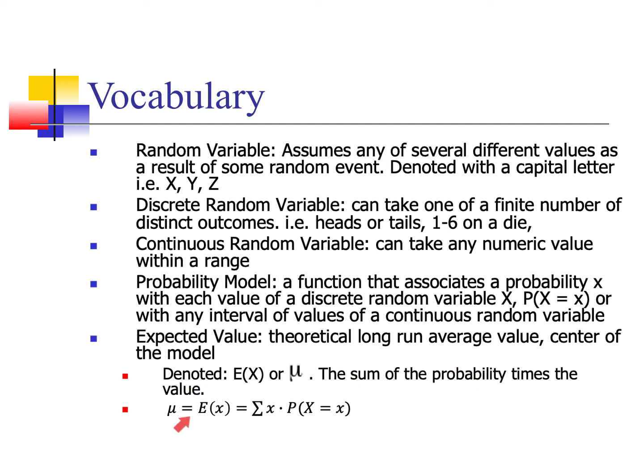So the mu is equal to E of X. Okay, so when it's what's the expected value, or what do you expect on average, you're looking for mean. And that's the sum of the X values times the probabilities. And we're going to create a probability model to help this make more sense. But it's basically the number of points you can earn times the probability that you get those points.